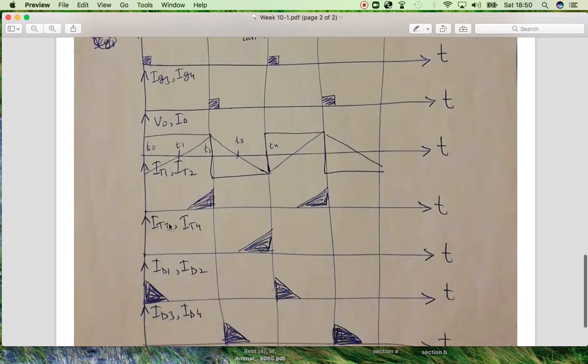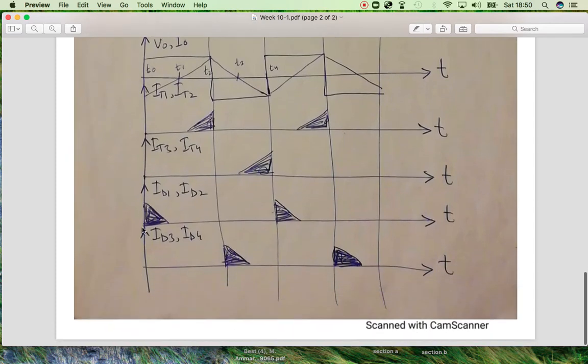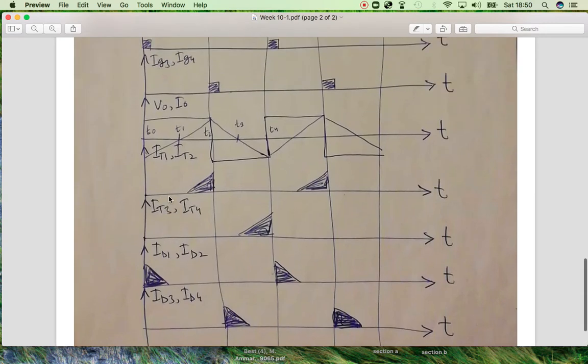And we can see from here that over here this current is negative and the voltage is positive, and at that instant of time the current is being supplied by the load and passing through the D1 and D2 diodes, and when both the voltage and the current are positive at that instant of time, the current is passing through the thyristors T3 and T4, and it is being supplied by the supply.